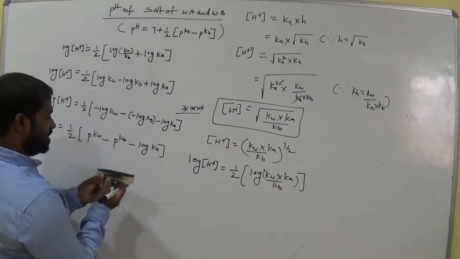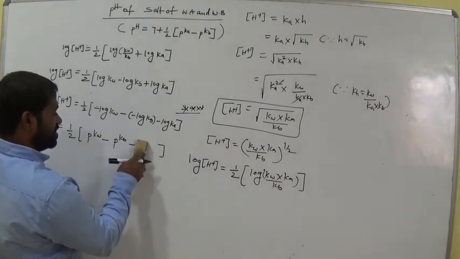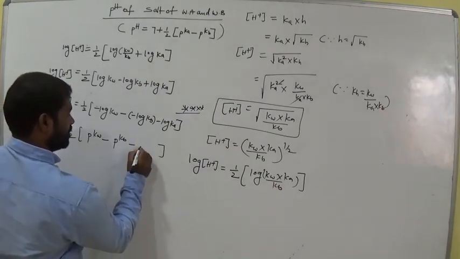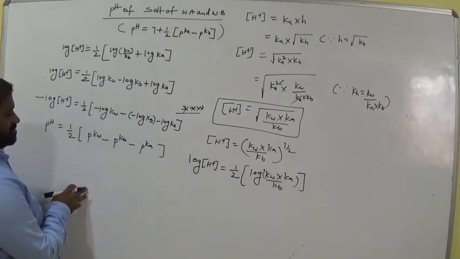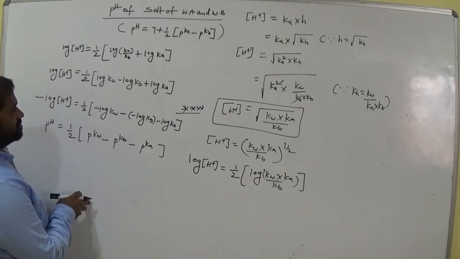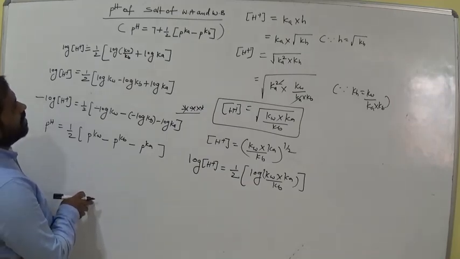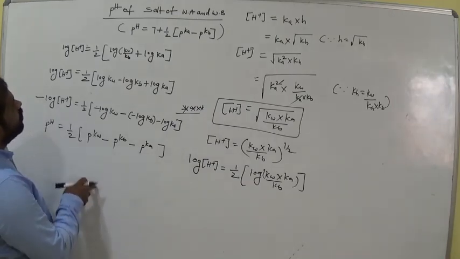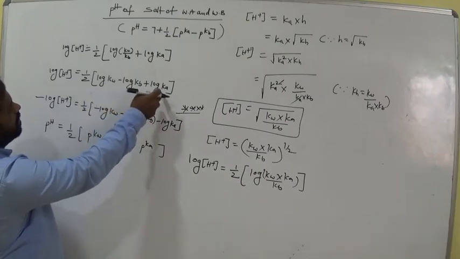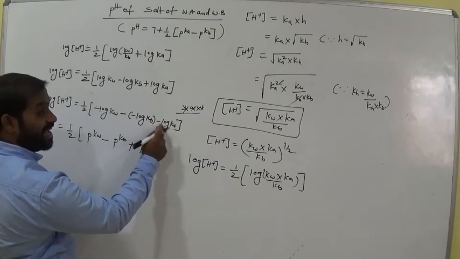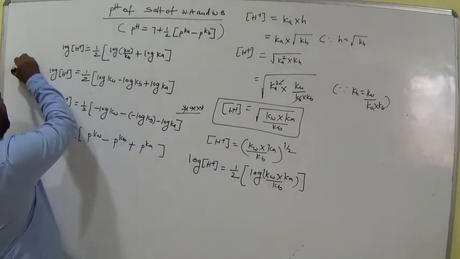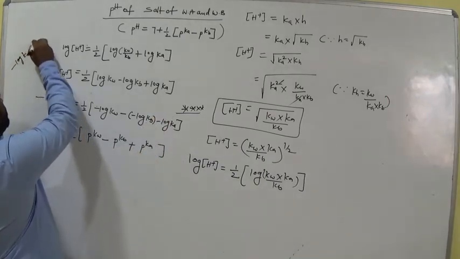Now how can we write minus log Ka? It is also pKa, am I right? This is plus, why? Because minus log Ka is equal to pKa.